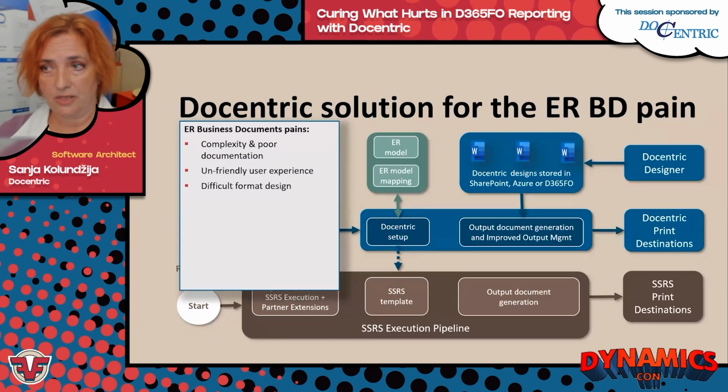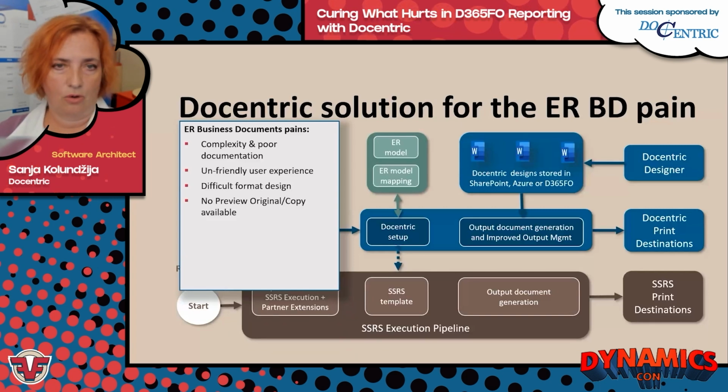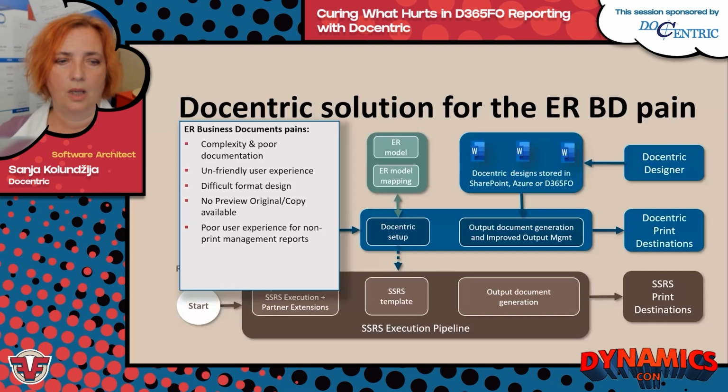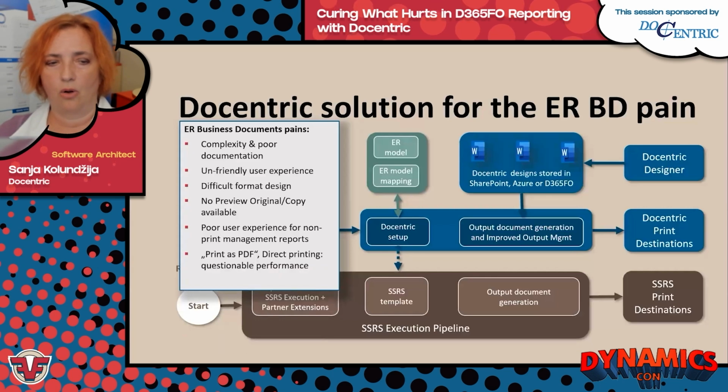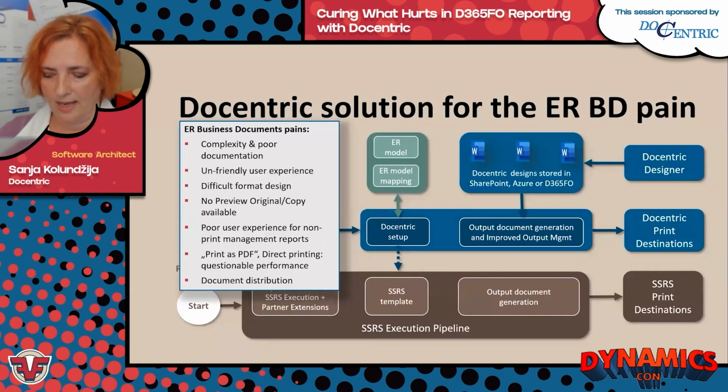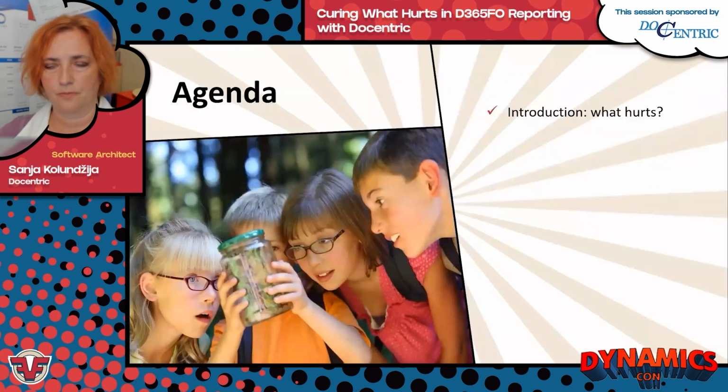Format design is very simple, and we will see it immediately after, I think, this slide or the next one. And as I said, all the standard SSRS features are working normally. Print, preview, print management reports and non-print management reports are started in the same way. All this printing, PDF, direct printing, works exactly as in SSRS. And documents are distributed through Docentric improved print destinations.